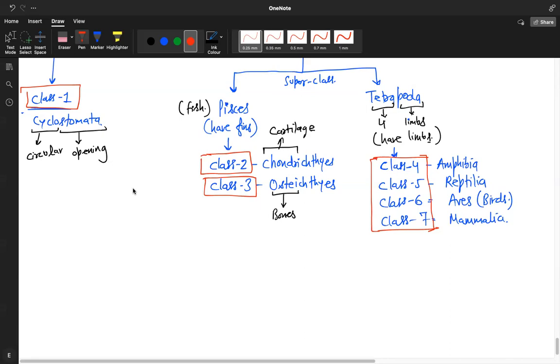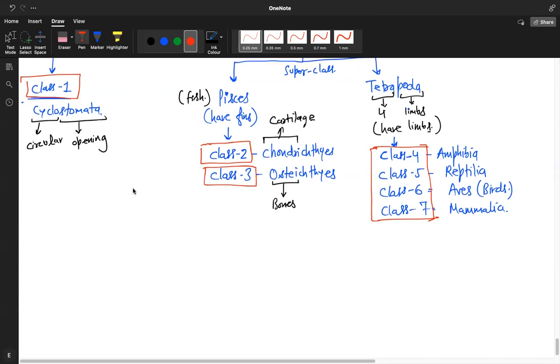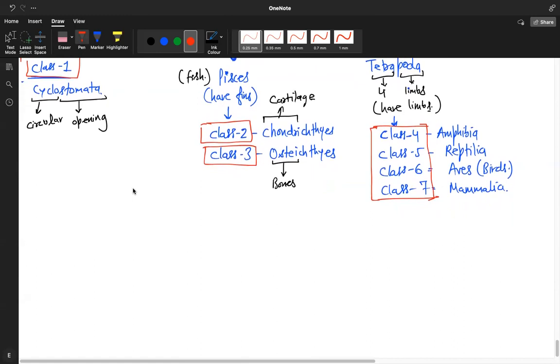Okay. So I give you 2 minutes. Please read the cyclostomata part. Cyclo means circular and stomata means opening. So they are jawless. And you just have to summarize everything in not more than 5 points. I don't want more than 5 points for every class. If you say more than 5 points, then you have not been able to identify the most important ones. So I give you 2 minutes, read, and then you have to tell me 5 points by the time I'm preparing it here.